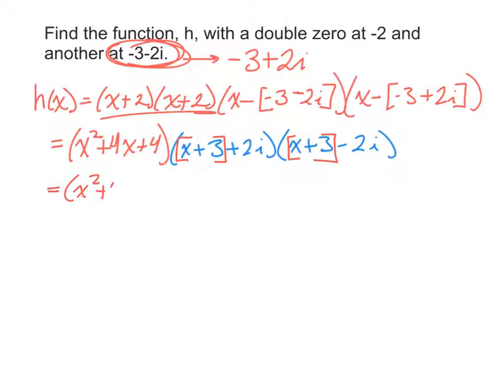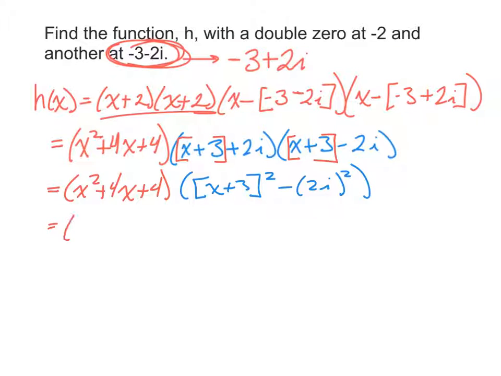This first factor I'm leaving alone for right now. But over here we'll end up with x plus 3 squared minus 2i squared, the difference of two squares. So x plus 3 squared is x squared plus 6x plus 9.